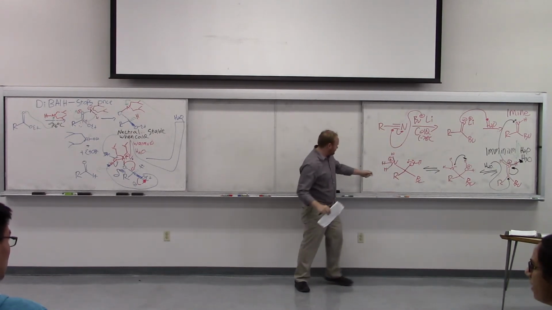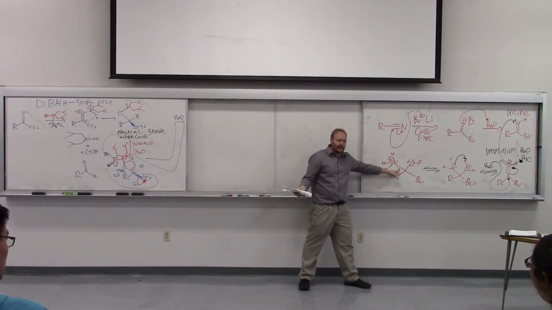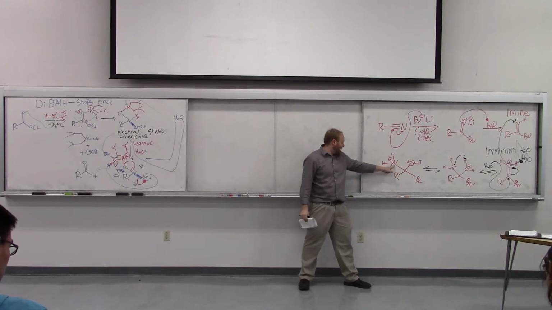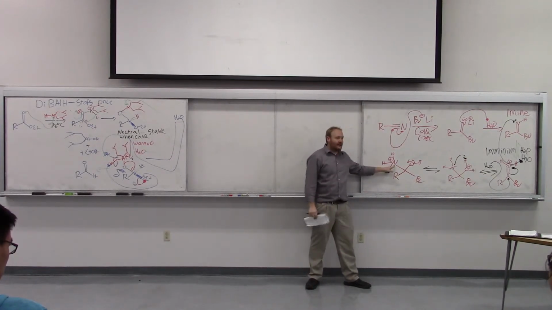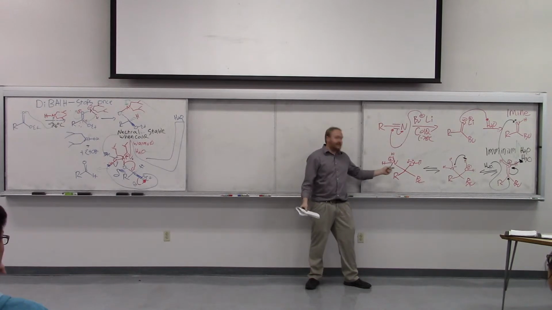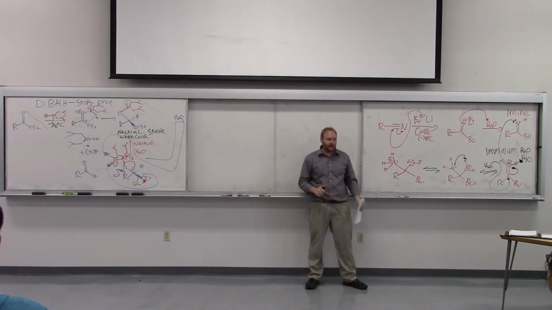So you have this intermediate, where now it's NH3 plus, and in this case, since it's cationic, it's going to be a fairly good leaving group.